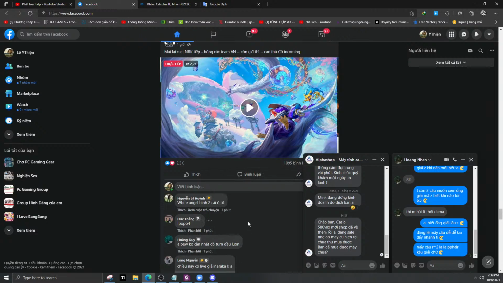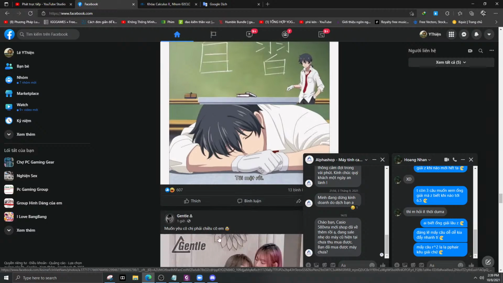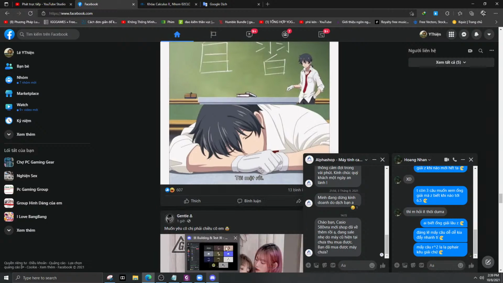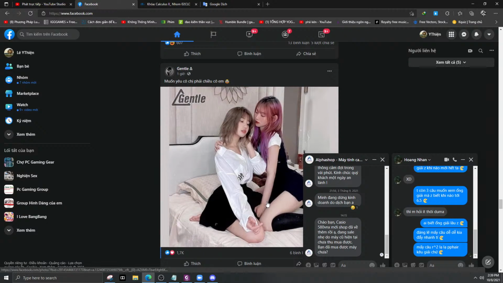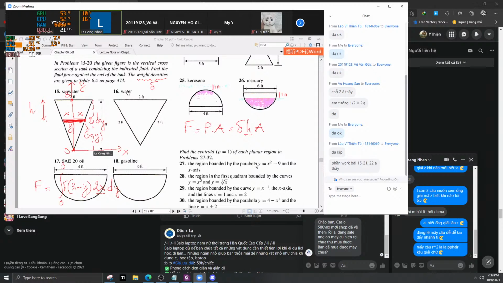In the integral we have the appearance of x, so we need to express x in terms of y. This point has the coordinates x, y, and we need the equation of the line containing this point and the origin. Because the base of the triangle is 2, we have x equal 1 and y equal 3 here. We can choose a similar triangle, or we can write the equation of the line.